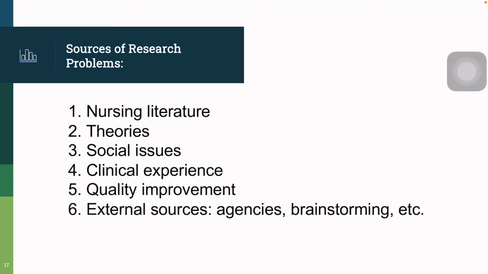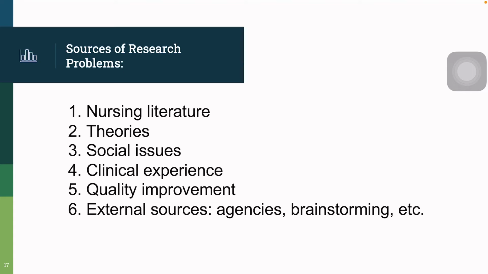Another would be from theories. Theories from nursing and related disciplines are another source of your research problems. Researchers ask, if this theory is correct, what would I predict about people's behavior, states, or feelings? The prediction can then be tested through research. Another source could be social, social science, and political issues of relevance to the healthcare community.